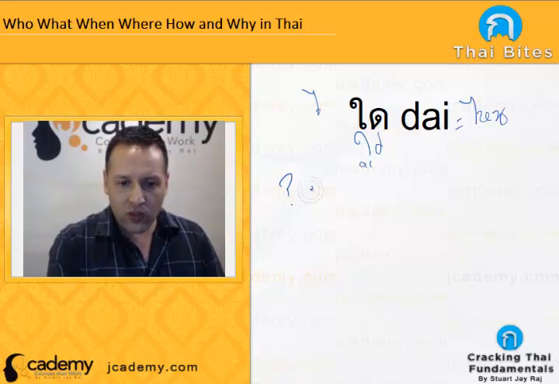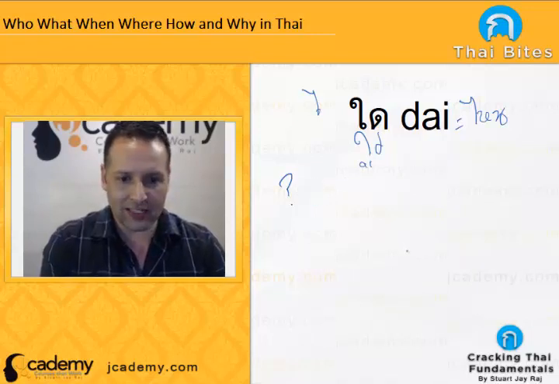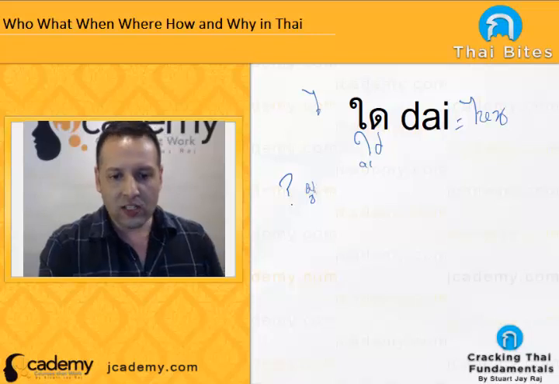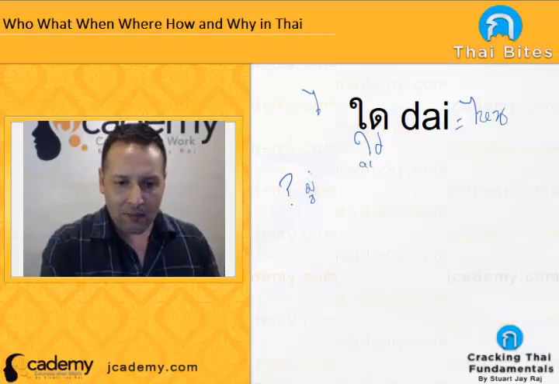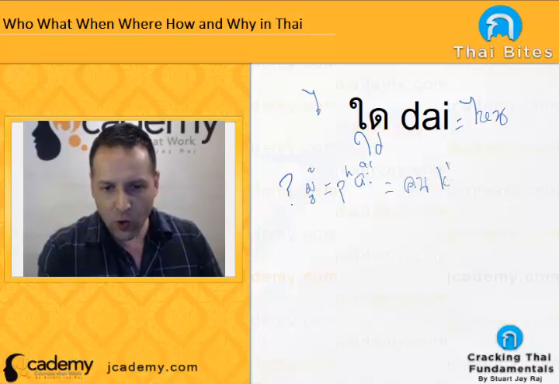There's one other word though that you'll hear if you're traveling up country, and that's this word here. Let me just write that neater here. So we have a ผ and then a ู, ผู้. So the word phu with a falling tone, I want you to think of that meaning the same as the word kon, which means person.